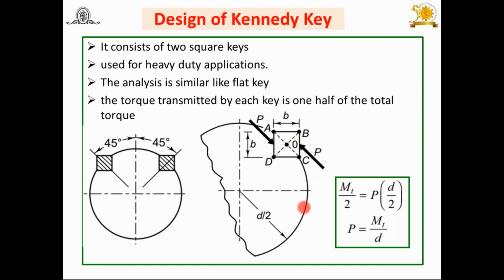You can consider any crushing area in the plane. Now in this case, look at this. OB is the portion of the key which is subjected to crushing failure. OB, or this OD also in the shaft, and OB in the hub. Try to understand. So OB into the length of the key will give you the crushing area.